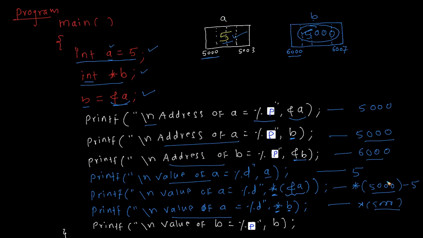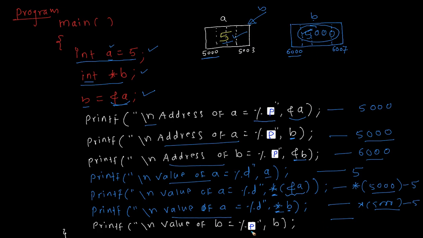It is 5 again. In fact, B is a pointer pointing to A. Pictorially, I can show it like this. In order to get the value of A, I can say star B. Then for the value of B, I can simply say B, which is 5000.